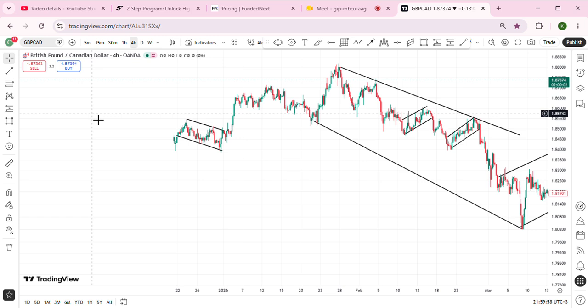The next lesson will be on Monday. Remember, we normally have 2 lessons a week, that is Monday and Wednesday at 9 or 9:30. I normally communicate about the time. So on Monday we'll be doing analysis on our mobile phones, that is analyzing on MetaTrader 5. Today was on TradingView, but the other day I also showed a little bit of how you can do it on your mobile phone.